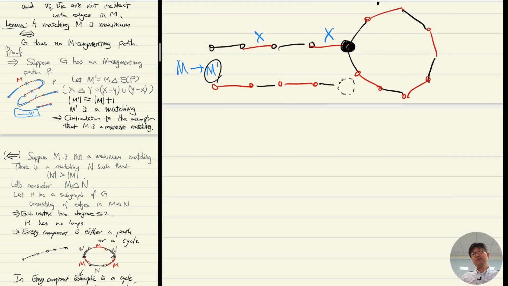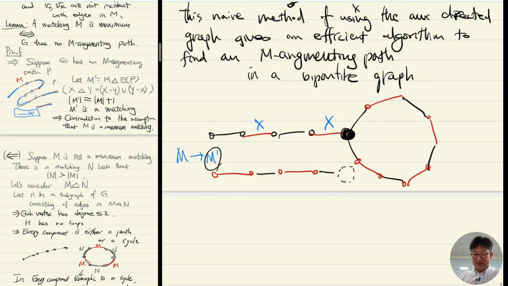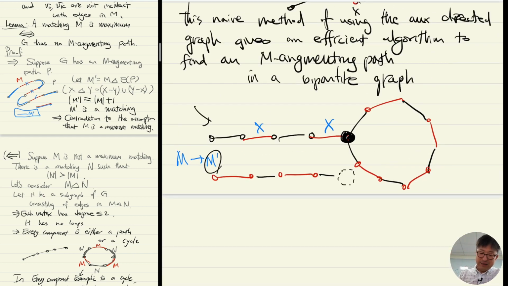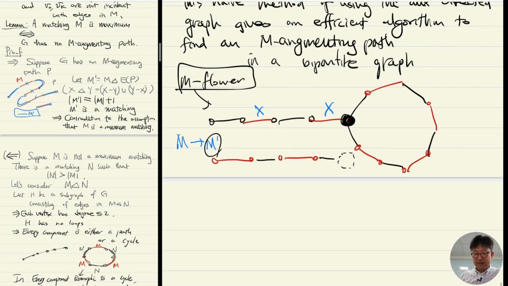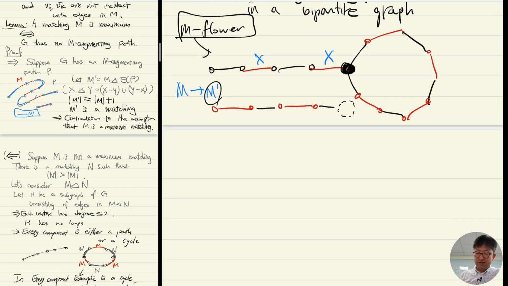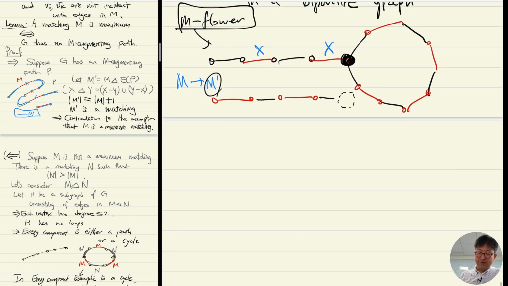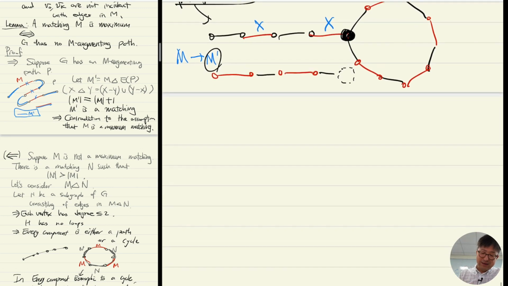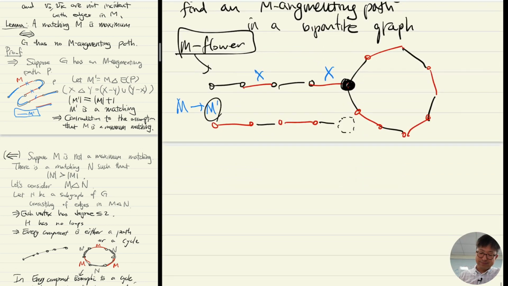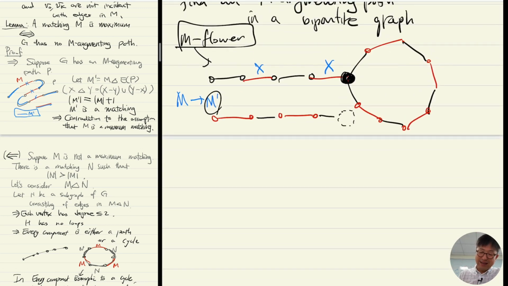And that's what we are doing now. So anyway, this initial setting is called the M flower. Later we will say, right? So, okay, well, what should I say? If I call this an M flower, then there is an efficient algorithm.